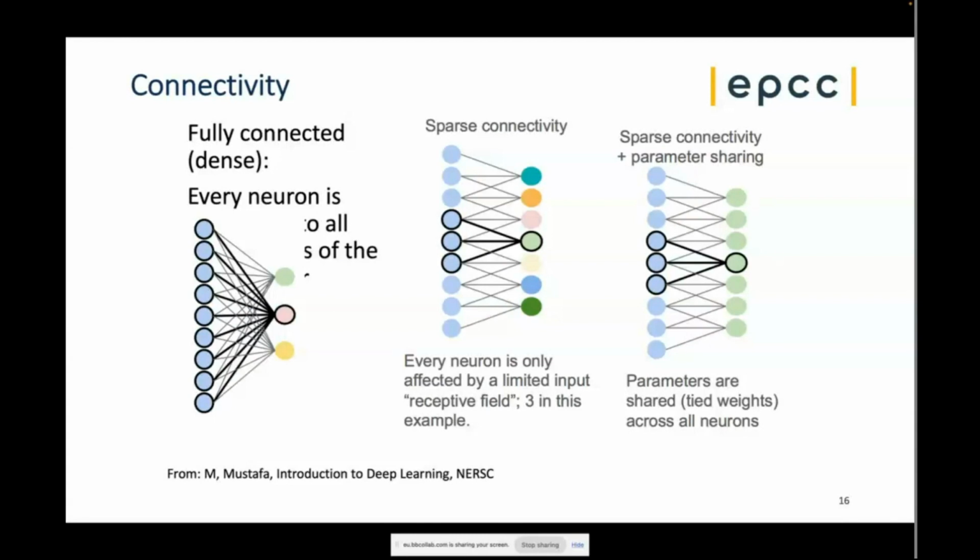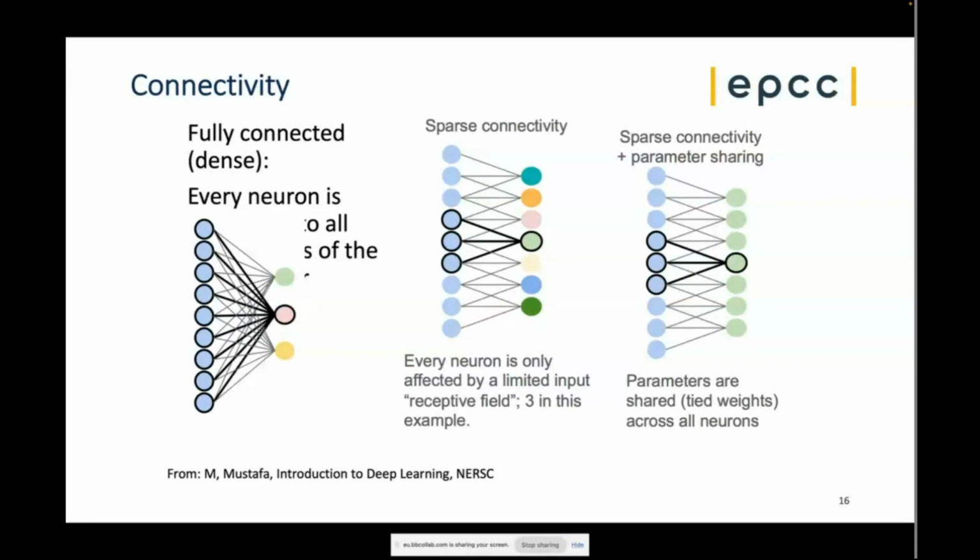So effectively, by tying the weights, we're saying we're looking for particular kinds of filter. By fixing the filter, we're saying we're looking for the same features everywhere in the image.